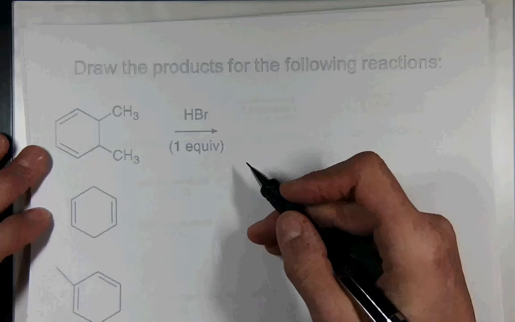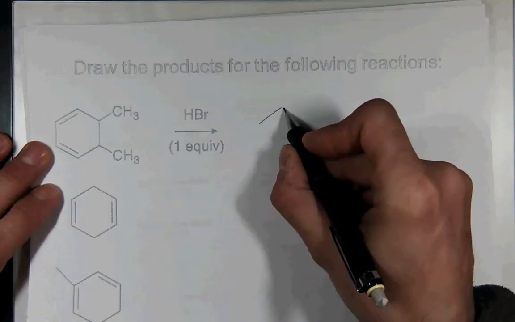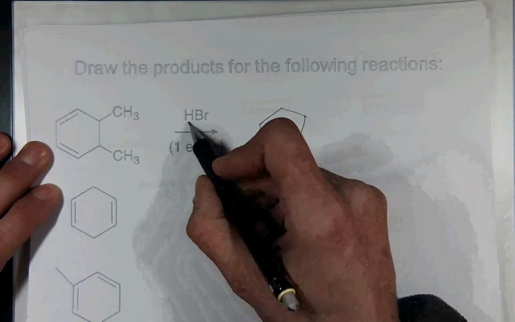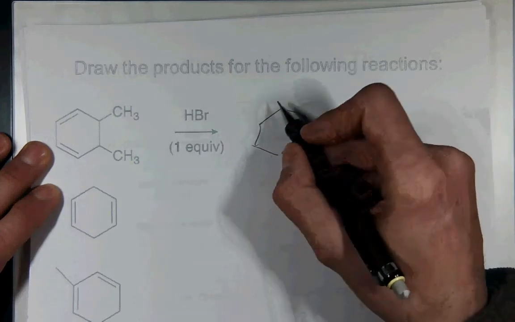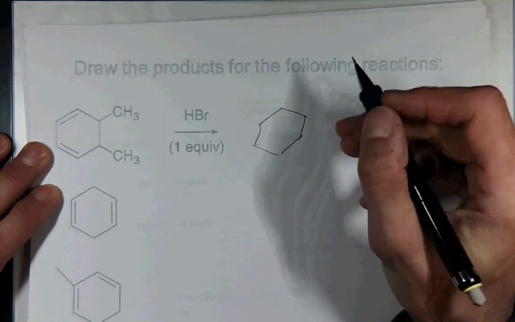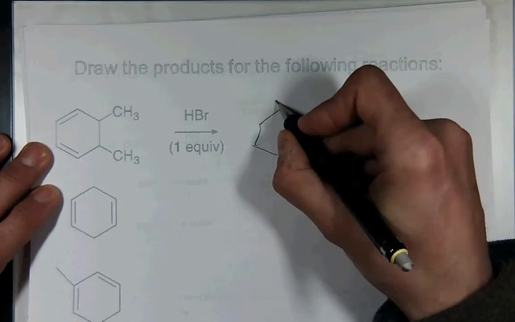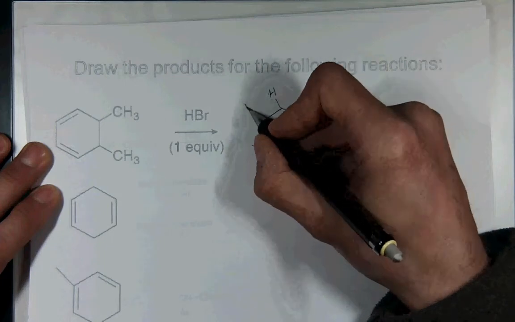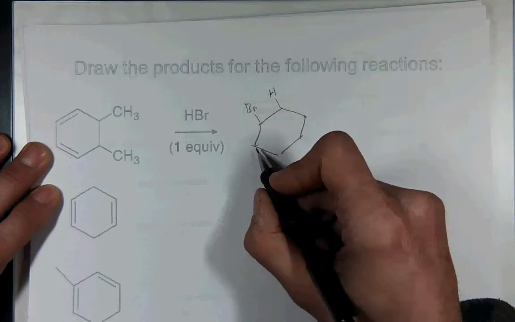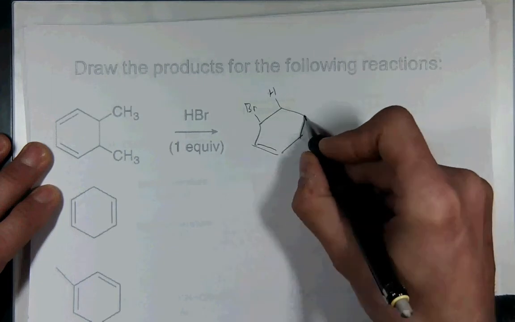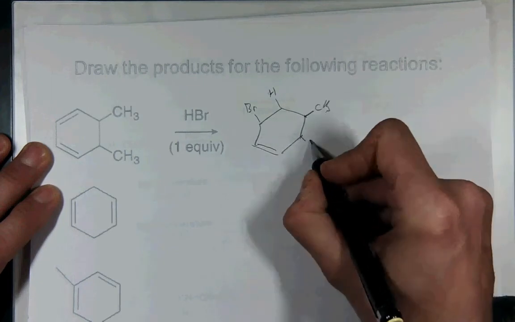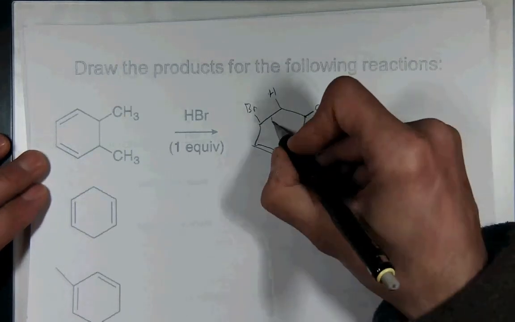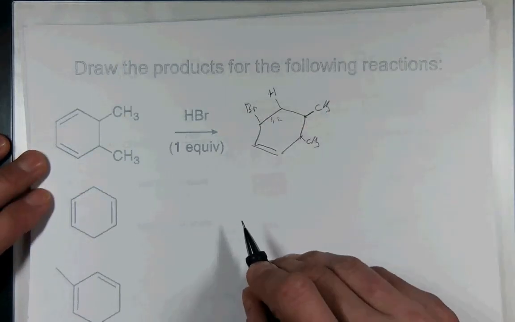So draw the products of the following reactions. This is just to remind us how to do these reactions. We're going to add HBr across here, and we'll do the 1,2 product. Okay, so this was 1,2 addition.